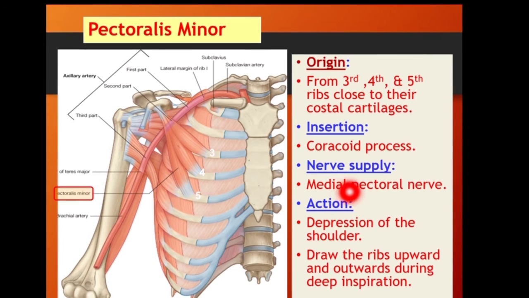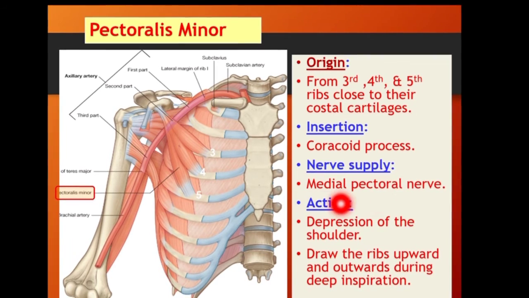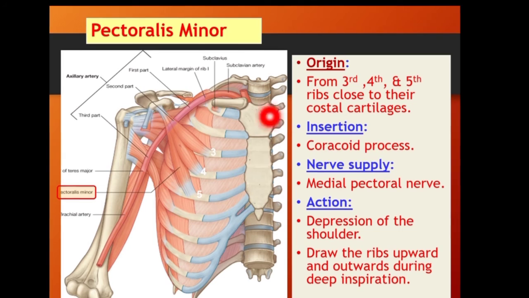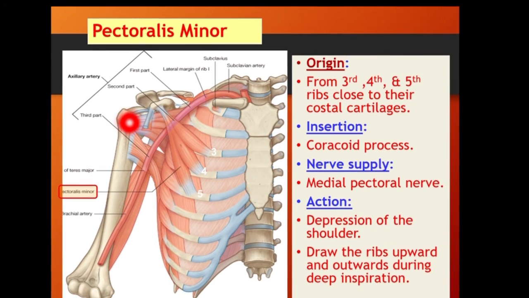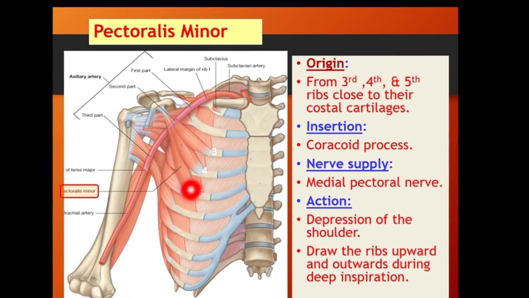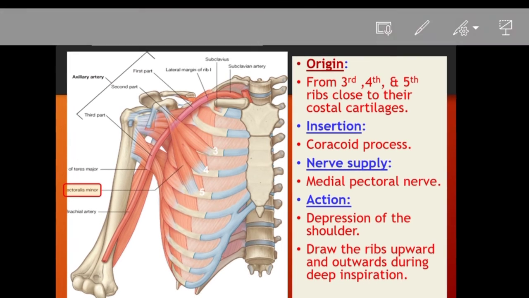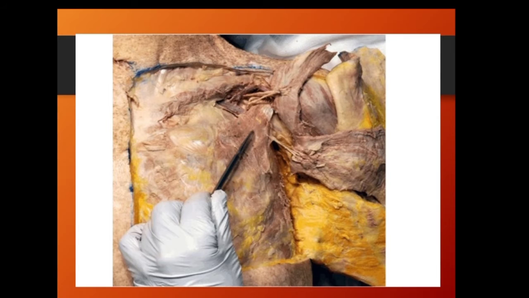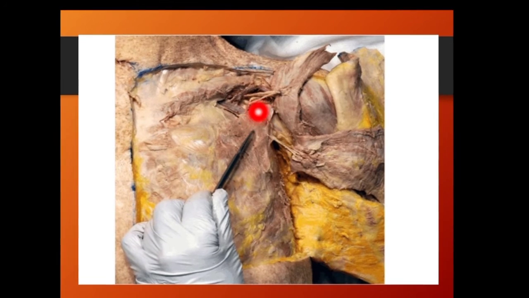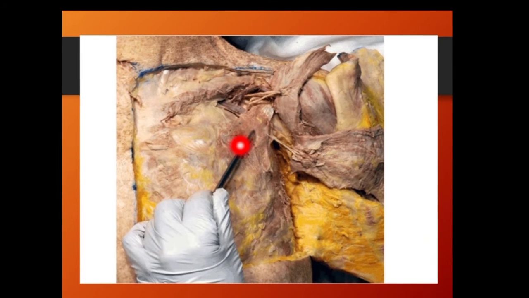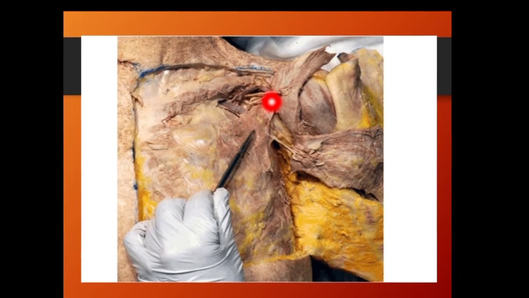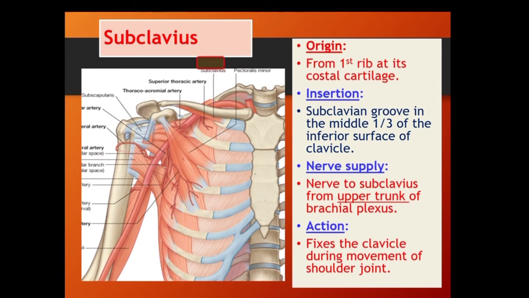Nerve supply is the same, the medial pectoral nerve, and action is depression of the shoulder and drawing the ribs upward and outward during deep inspiration, right? So this is the pectoralis minor muscle.